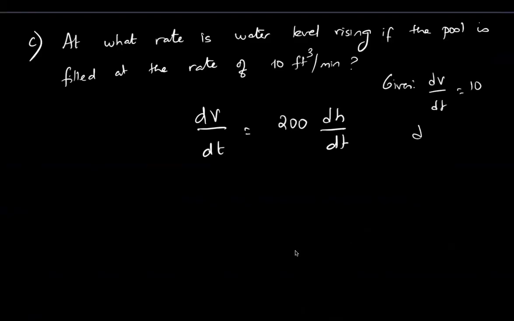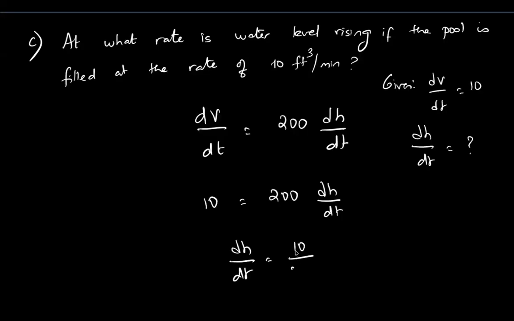And then the question is asking you, what is dH/dt? So you substitute this, your unknown is dH/dt, you divide by 200 on both sides. So you get 1/20 feet per minute is the rate at which your height is changing.